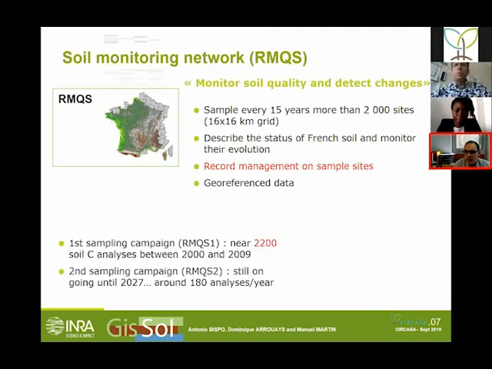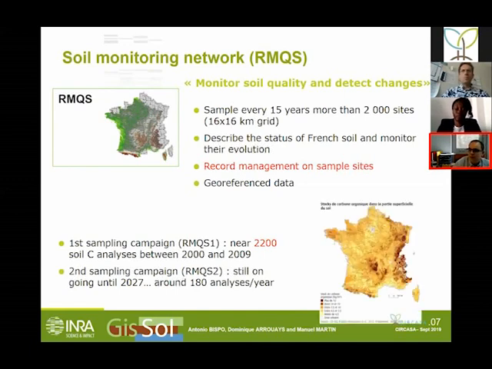We had a first campaign between 2000 and 2009, and so we have more than 2,000 soil carbon analyses in that database. We are still ongoing on the second sampling campaign, and we are performing more or less 200 sites a year.